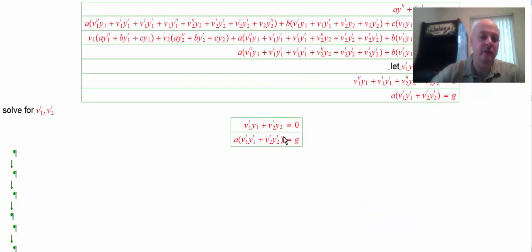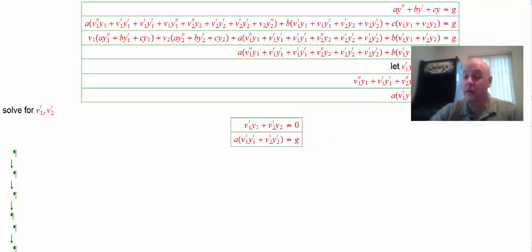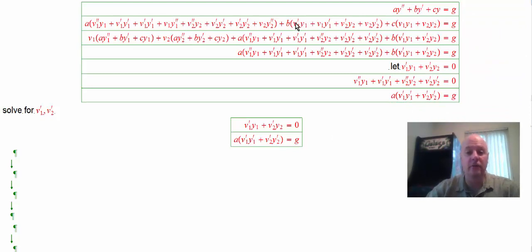If we can find V1 primes and V2 primes that satisfy these two equations, and I can because it's two equations, two unknowns, then all of this will simplify down to G. So in other words, that particular solution of V1 y1 plus V2 y2 will hit the target function.